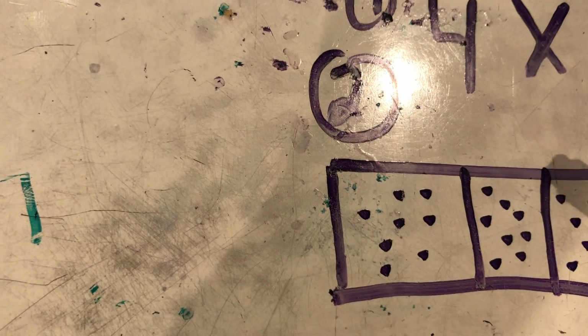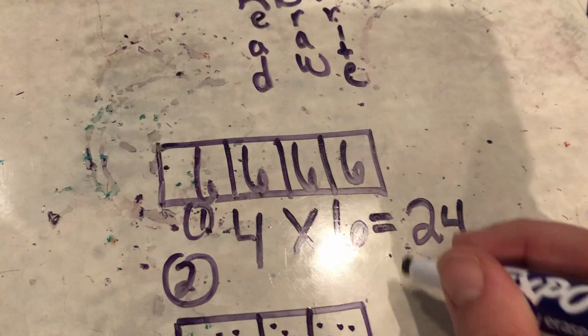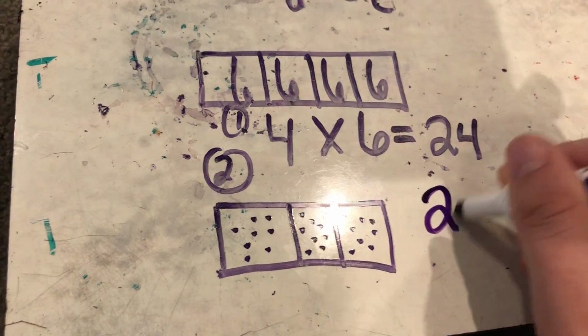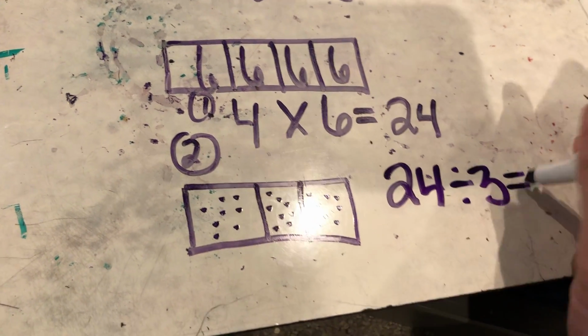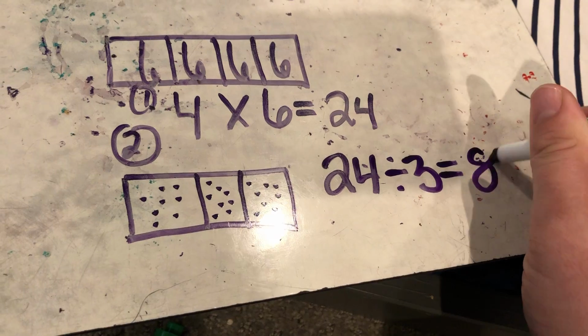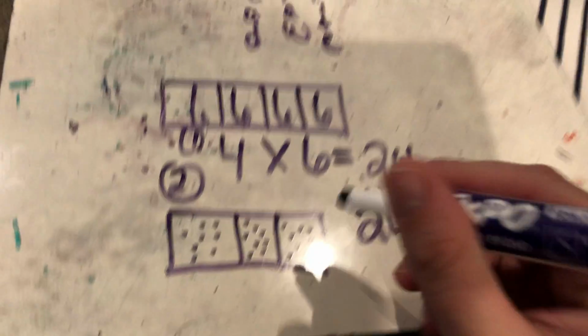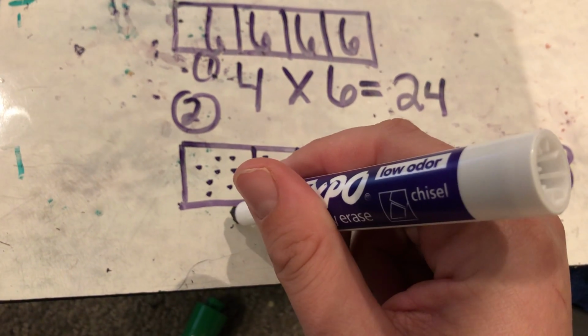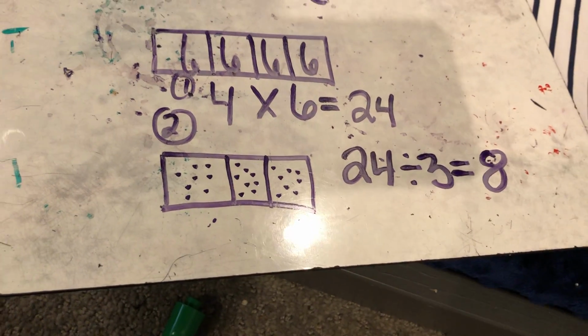So let's count. 1, 2, 3, 4, 5, 6, 7, 8. So the first step was finding the total number of binders. The second step is now taking those binders and dividing it or sharing between 3 brothers. So that means each brother gets 8 binders. Okay, so your write would be, you would write a sentence, the brothers each get 8 binders.